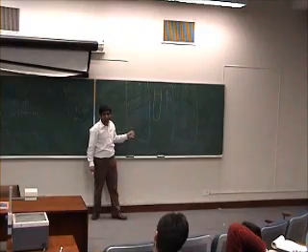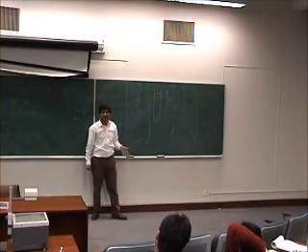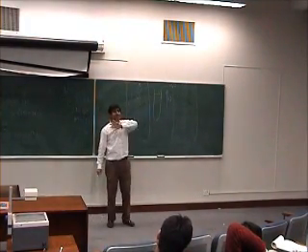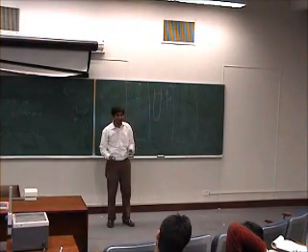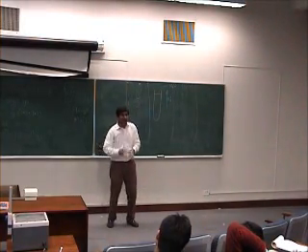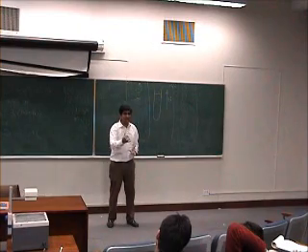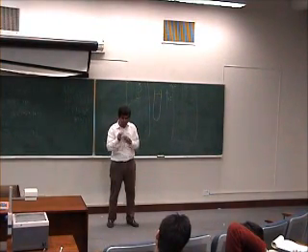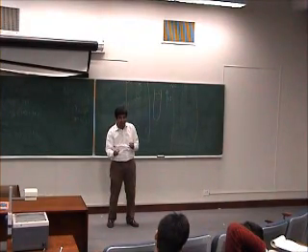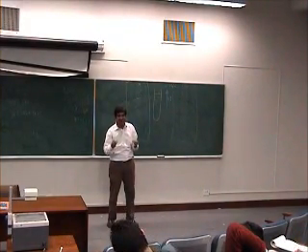Switching off this field requires switching off the supercurrent. But switching off the supercurrent means such a large current has to be switched off. According to Faraday's law, a large flux is generated, because you're switching off a current, which means the rate of change of current will produce a very large flux. It's not easy to do that.